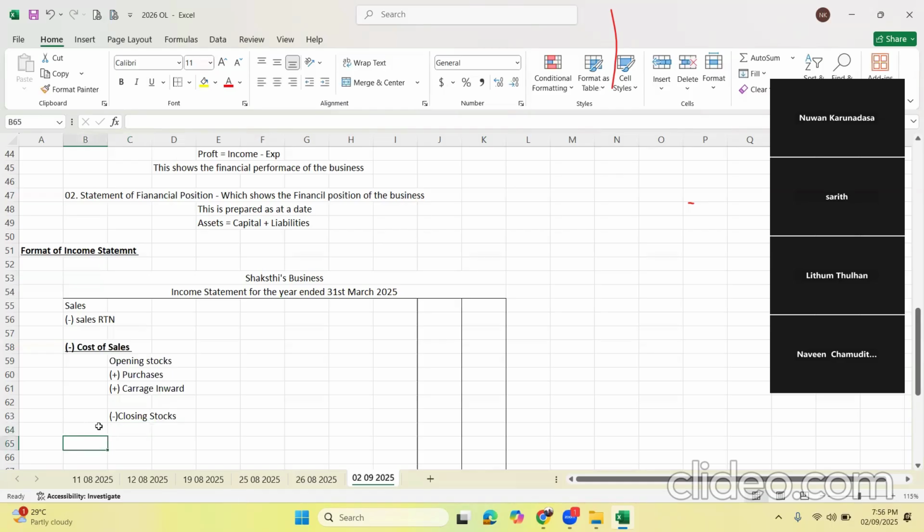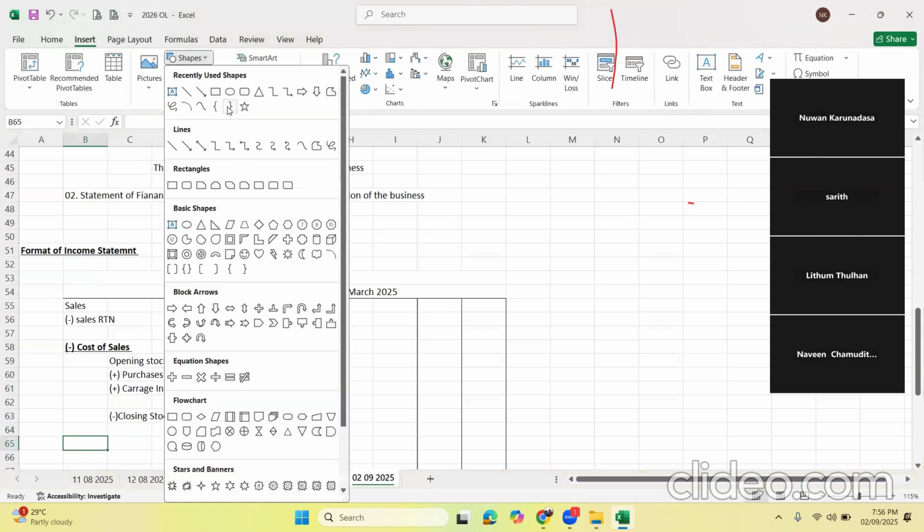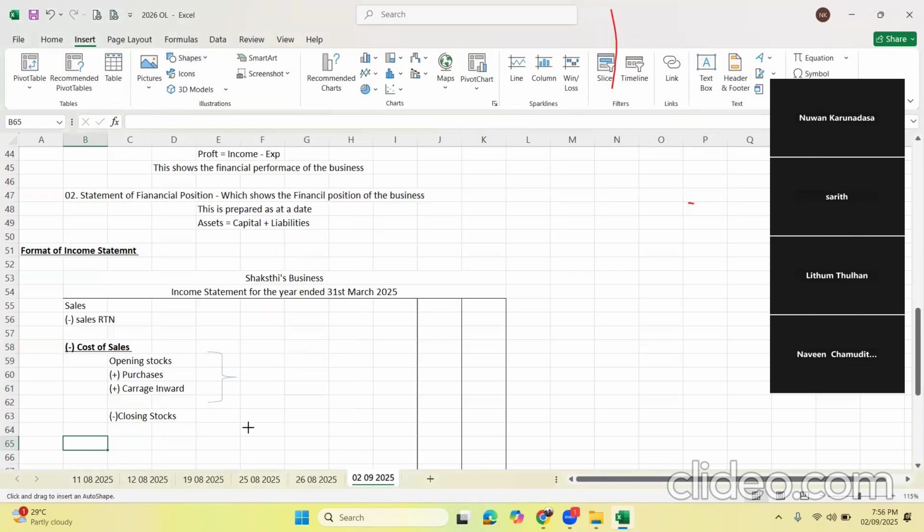Then your answer from here to here will be the cost of sales, students. This is the breakup of the cost of sales.